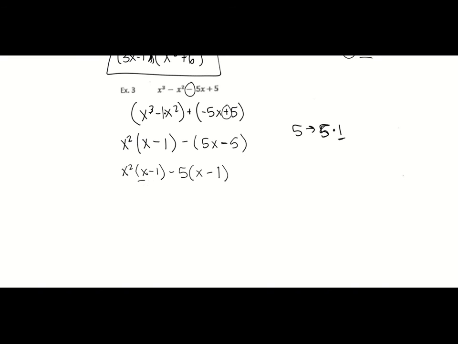So now I'm left with the same term in both of them. So I'm going to pull my greatest common factor for the third time. This is my greatest common factor, x minus 1. And I am left with an x squared minus 5x. Not 5x, just 5. Okay, and that is my final answer.